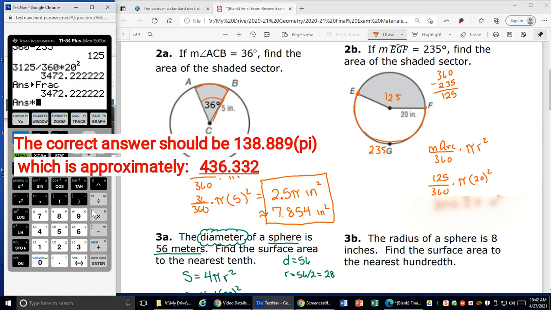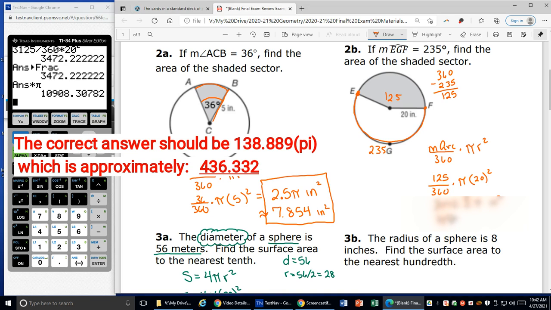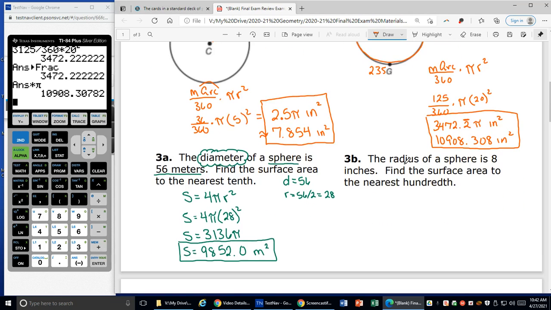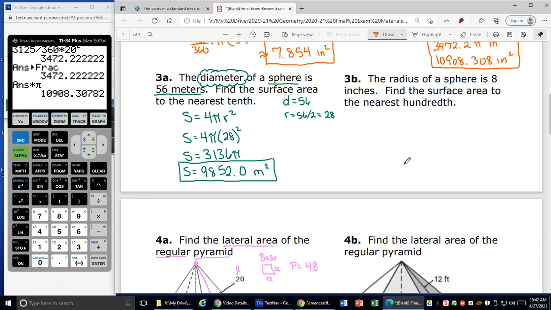My approximate answer, times pi, rounded to 3 decimal places, 10,908.308 square inches. And again, I didn't have to go look up that formula because I have my review problems. So again, having that review handy is really helpful when you're doing your practice test and your final exam.